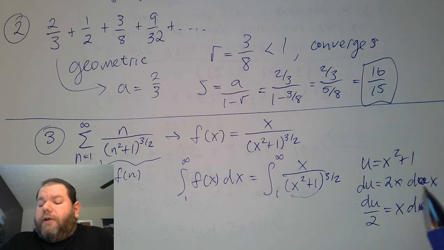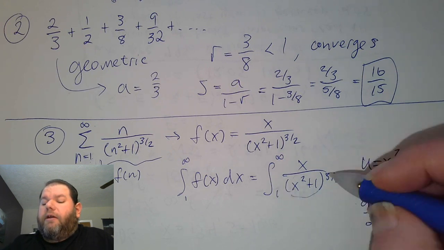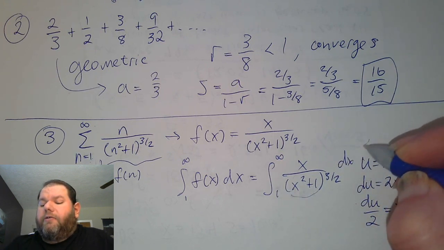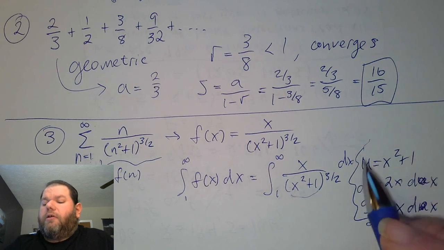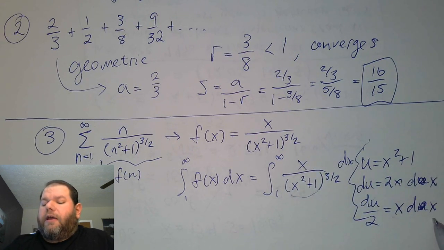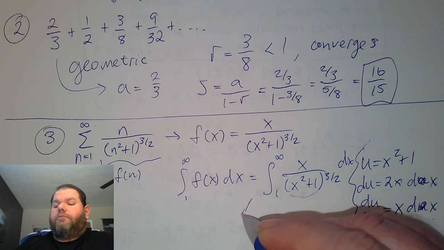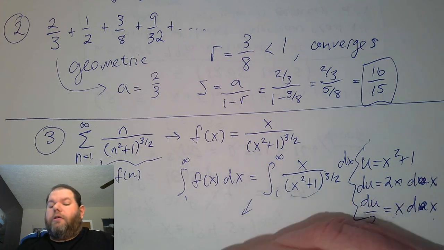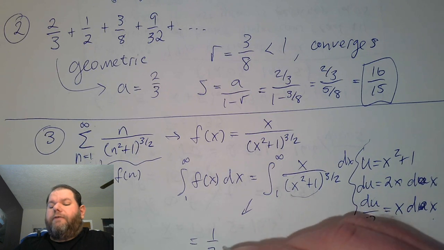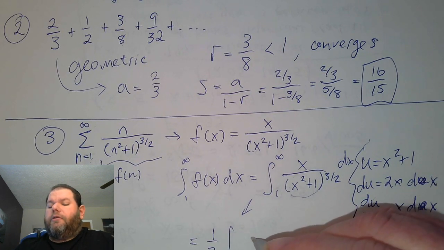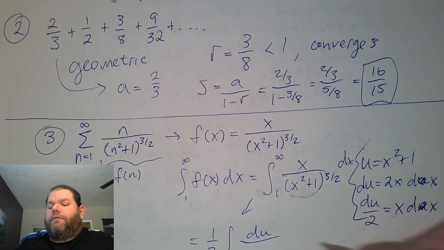So du is 2x dx, and then we'll just divide by the 2 so that when we have x times dx here, we'll replace that with du over 2. So we get 1/2 integral du over, and then we'll have u on the bottom to the 3 halves.